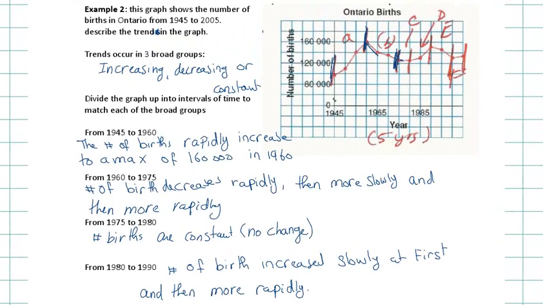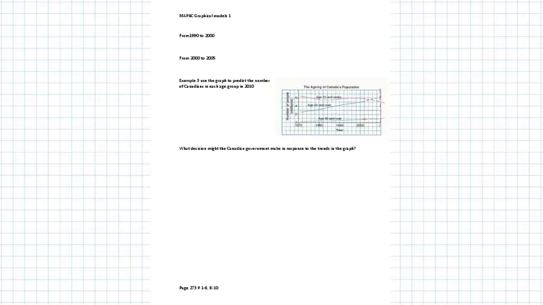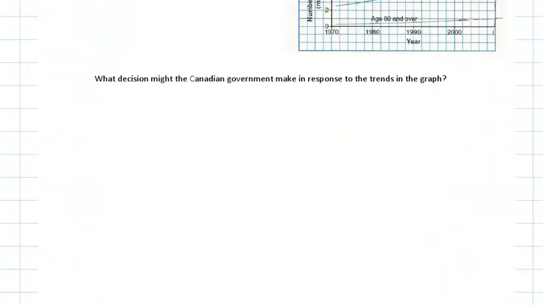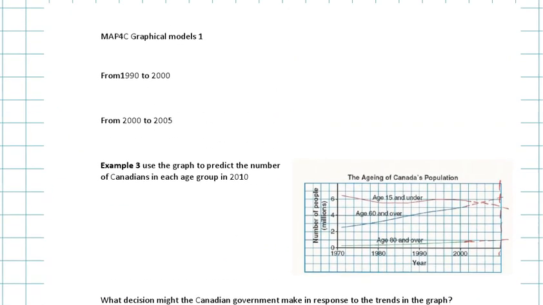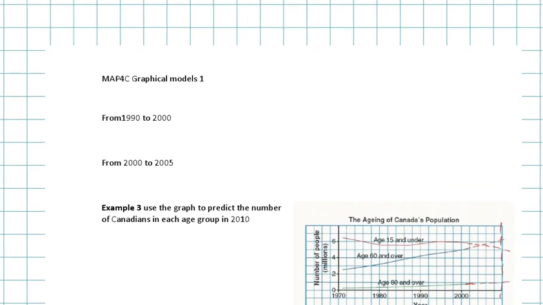Okay. So I'm going to go back here and write it. So number of births decrease slowly, then more rapidly later.